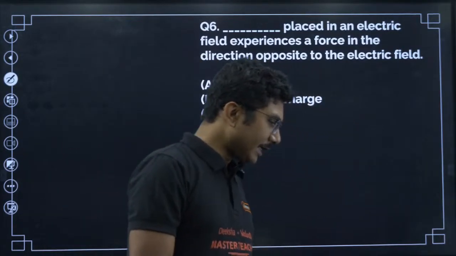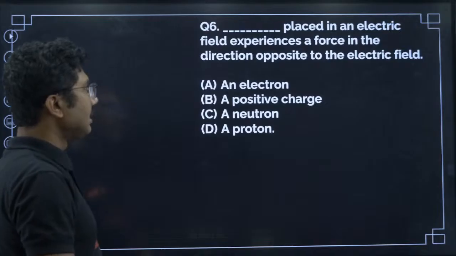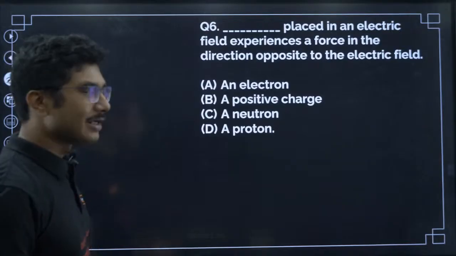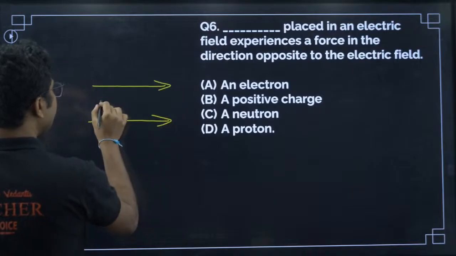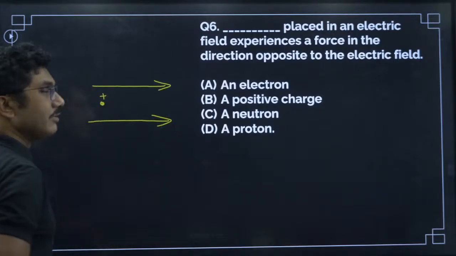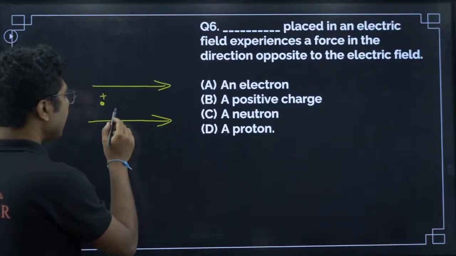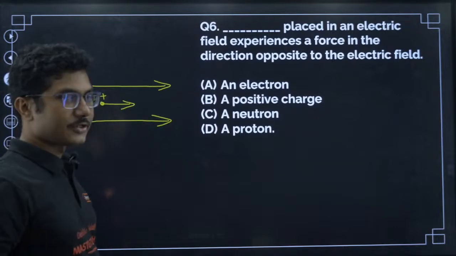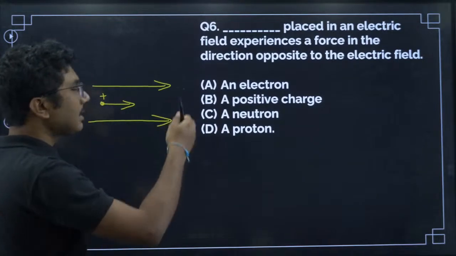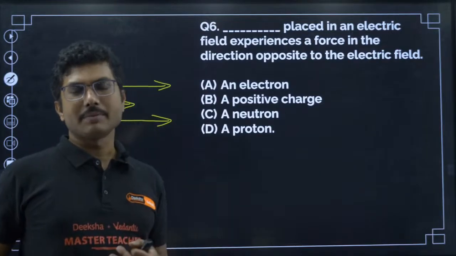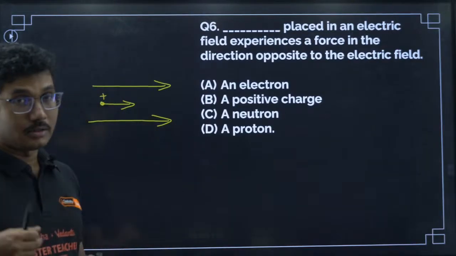In this case, option A and option B people are debating. So let us see what is electric field. If you leave a unit positive test charge, the direction it takes is the direction of the electric field. The direction of the electric field is defined by the path traversed by a positive charge.